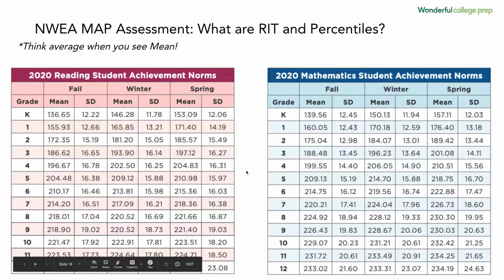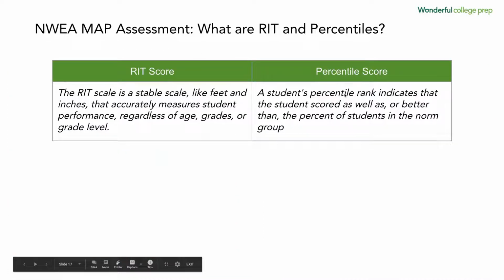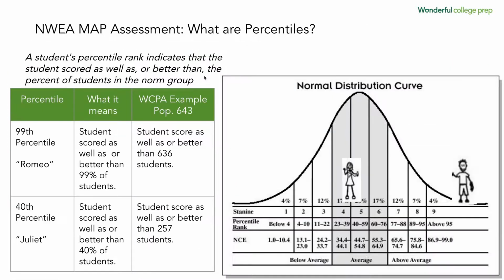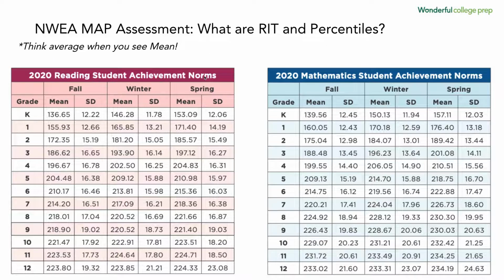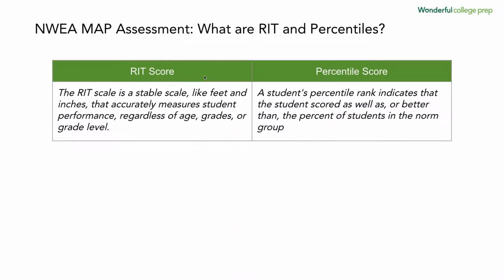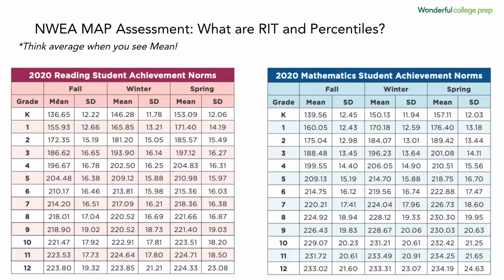So if you get your child's RIT and percentile score back, and let's say that your child's RIT score is, let's say 210, and they're a 10th grader. If I come down here first to 10th grade, I can say, whoa, 210 is not on here. So that is okay, and that is perfectly normal when we take the MAP. What we're looking at is growth and looking at closing those gaps.